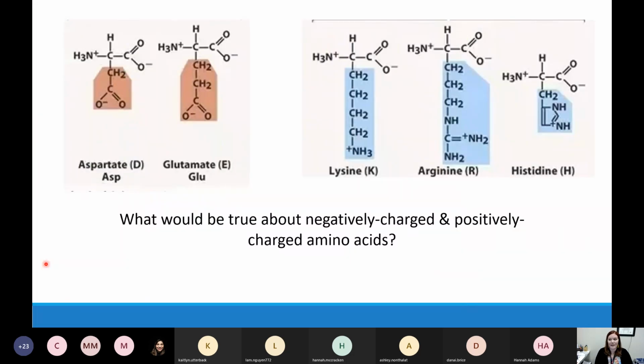We have some that we say are charged, meaning they have a positive or a negative charge. Why we care about these positive and negative charged amino acids is because of the kind of chemical bond that we can form between a fully positive and fully negative thing.